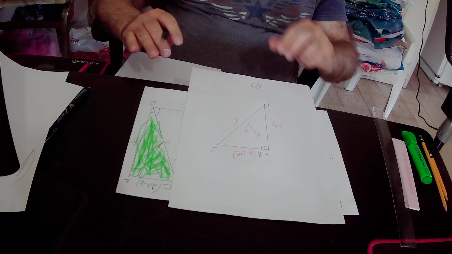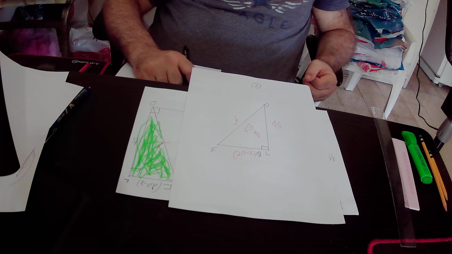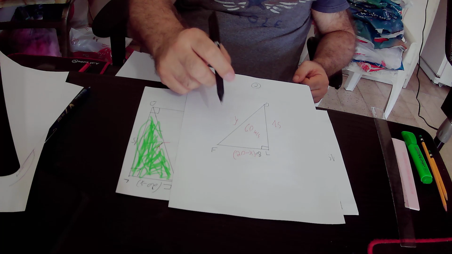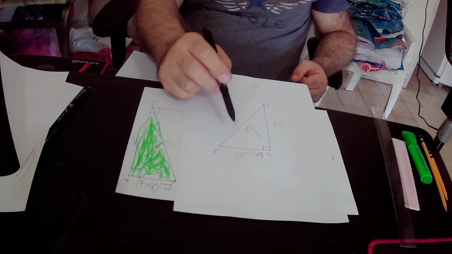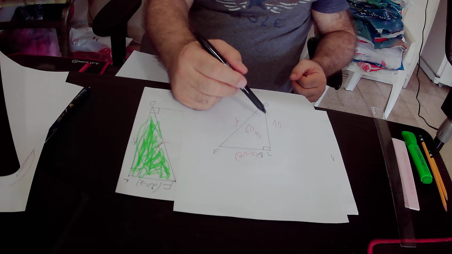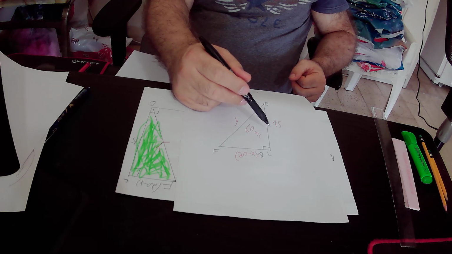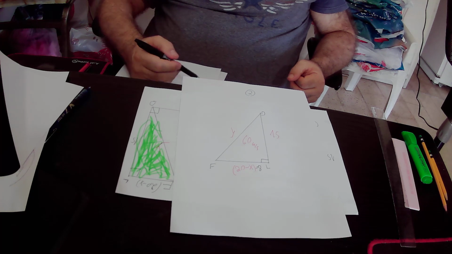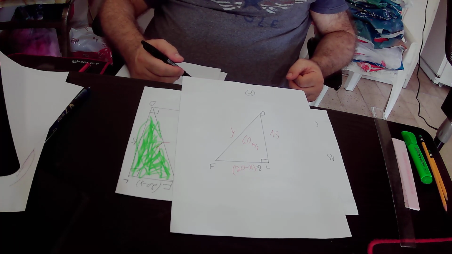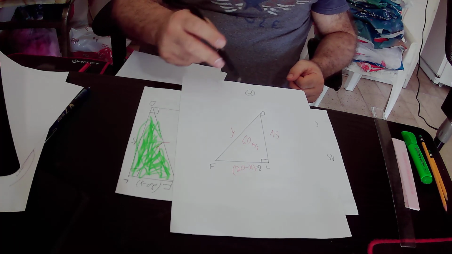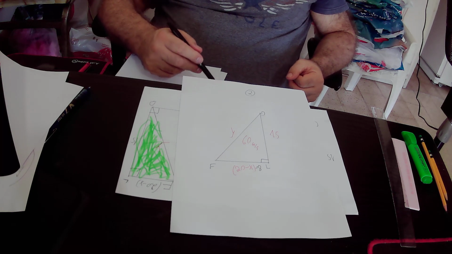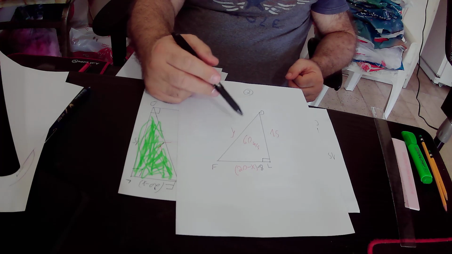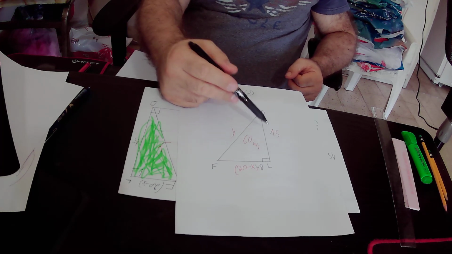Here you have a right triangle where we know the sizes of two sides. We know that FL equals 8 units and LD equals 15 units. So we can use the Pythagorean theorem in order to find the value of y. The Pythagorean theorem states that the square of the hypotenuse equals the sum of the squares of the perpendiculars.